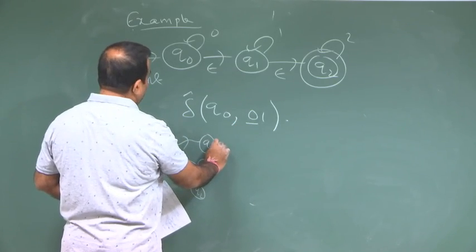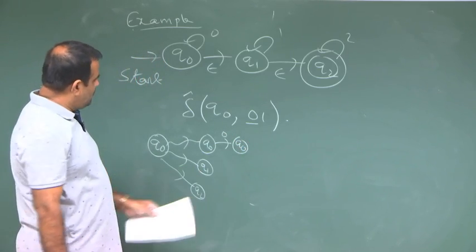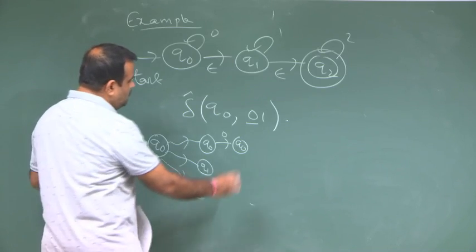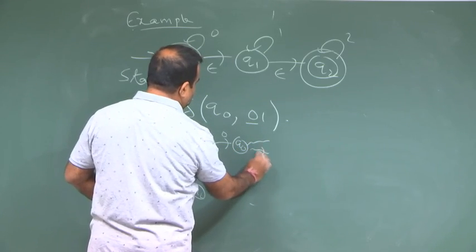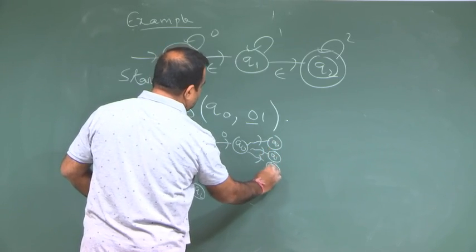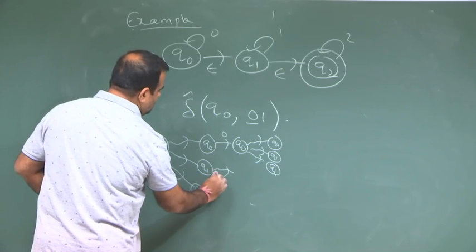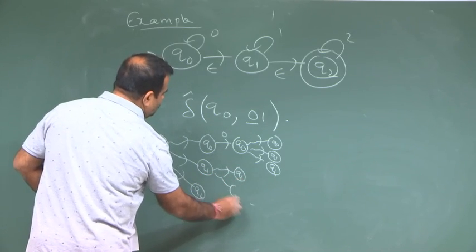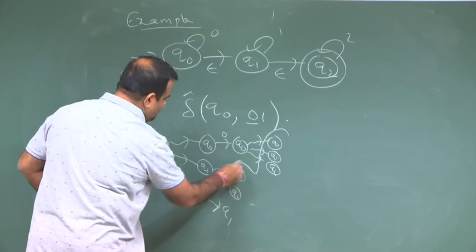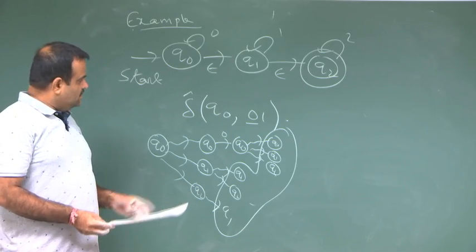From here if we use 0 we will be at q0 again, there is no 0 move elsewhere. So, we remain at this, and then again we can go for epsilon move, the epsilon closure of this set. So, this is q0, q1, q2, and we can have an epsilon move for this. So, this is again q1, q2, and this is again q1. So, the set q0, q1, q2 is again this. So, this is the way.